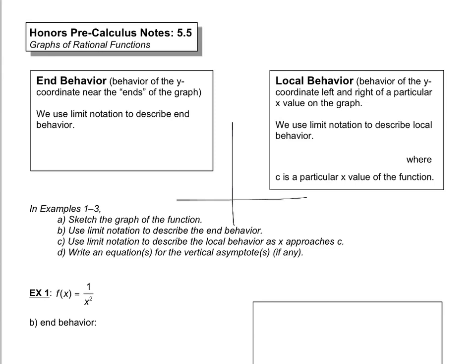We talked about, let's say we had a graph like this, and we talked about end behavior using limit notation. So that's what we'll do right here. And we used limit notation by writing LIM for limit of f of x.